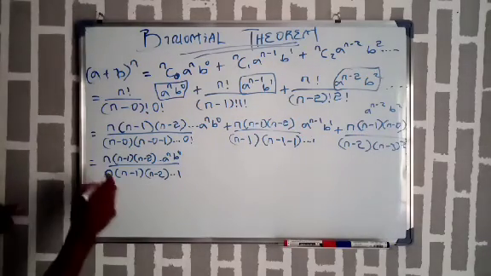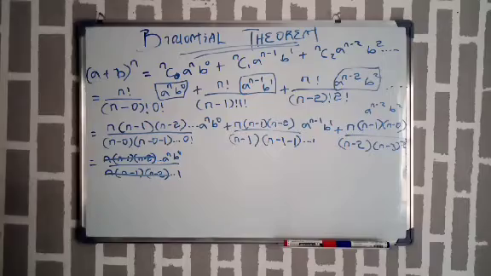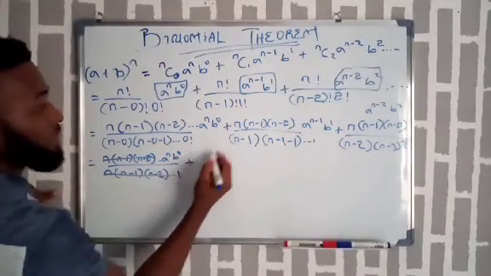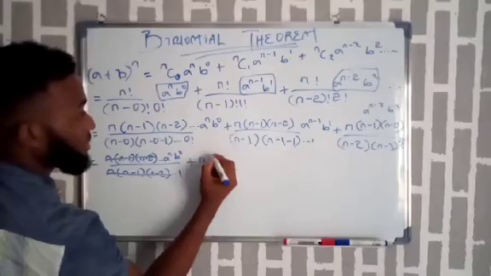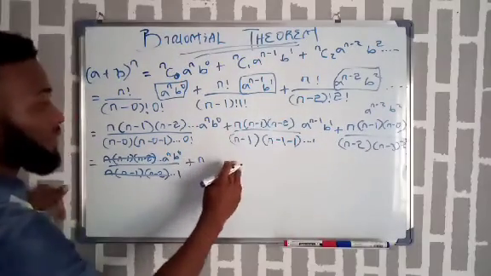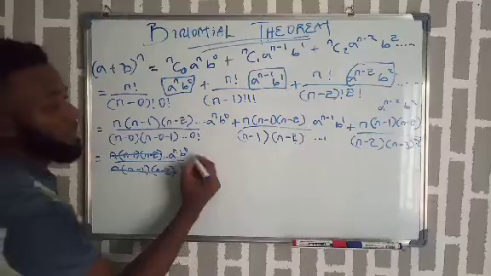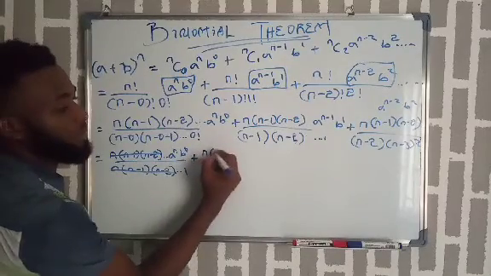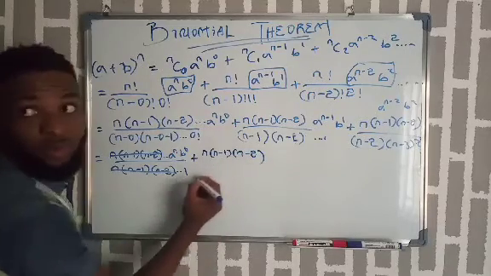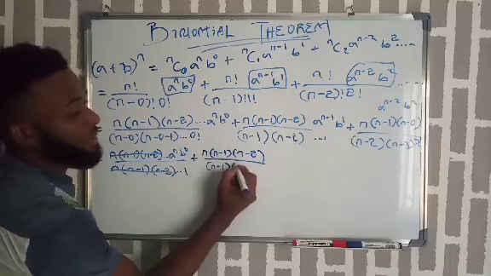All of these can cancel all of this. Plus this also becomes n into, going to take it further. This can be minus 1 minus 1, then plus n into n minus 1, n minus 2, over n minus 1, n minus 2.